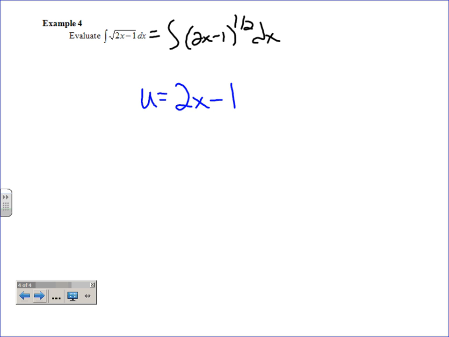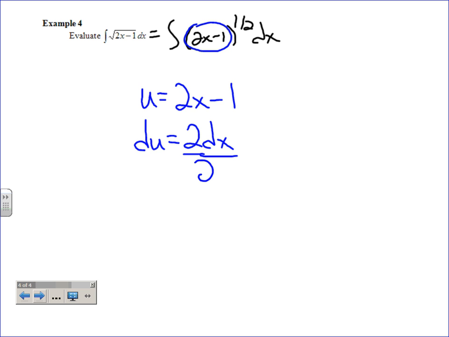What's du? 2 dx. Do I have the 2 that this one down here is referring to? Do I have a 2 up in the problem? Yes, but this much has already been substituted for. So once again, we have to get rid of the 2. How are we going to do it?